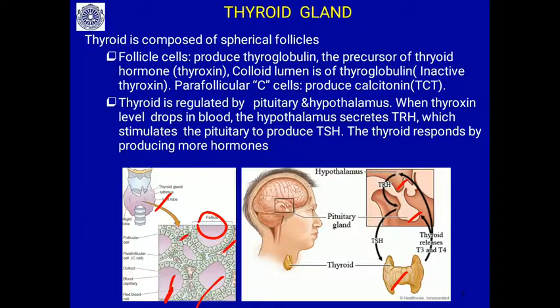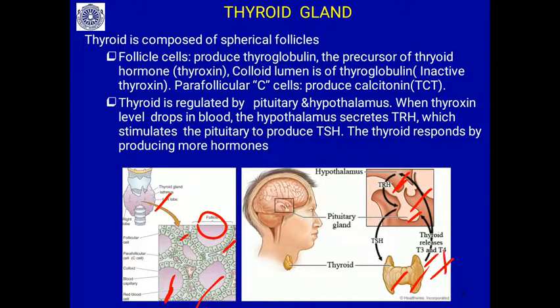The thyroid responds to these hormones, and the thyroxine level is maintained through negative feedback, which you studied in the last class. A high level of T3 and T4 in the blood stops the release of TSH and TRH.